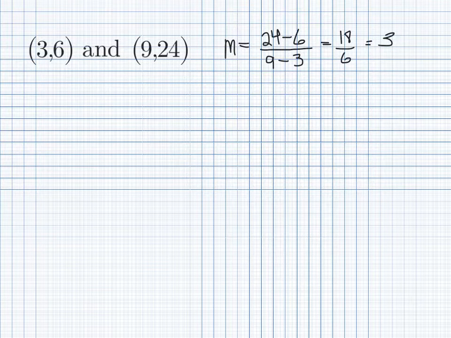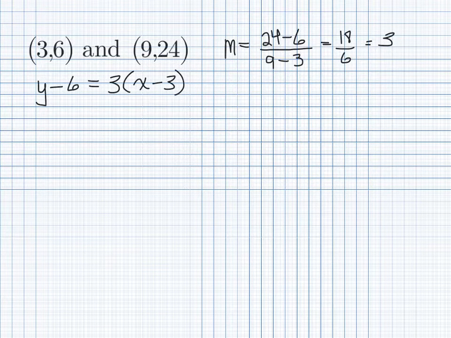So now to get our point-slope form, we simply take one of our ordered pairs and our slope and plug into the point-slope formula. So I'm going to use (3, 6). So I take y and subtract the y coordinate of my point, y minus 6, is equal to slope, that's 3, times the quantity x minus the x coordinate of my ordered pair.